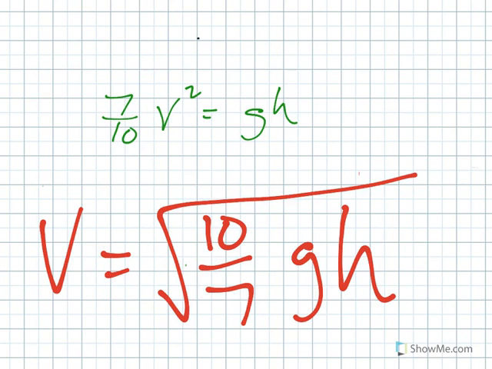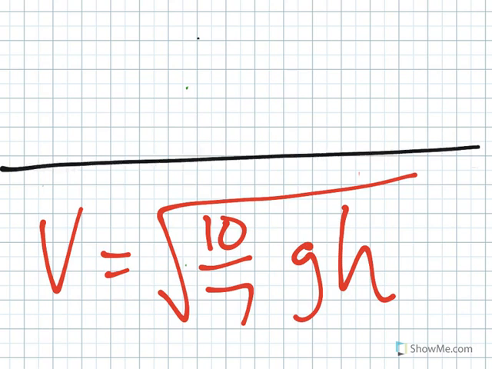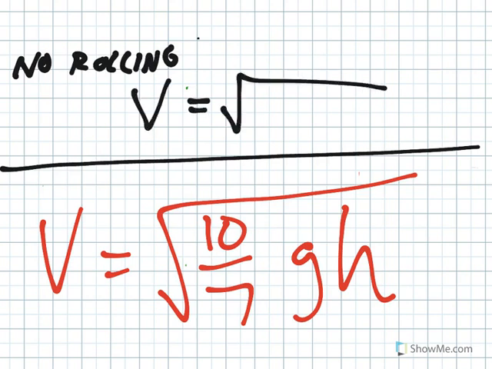Also, let's check this out and compare it to what it was earlier without rolling. If something is just sliding down a hill, and we ignore friction, that answer way back was, so this is no rolling, if it's just sliding, the answer was v is the square root of 2gh.